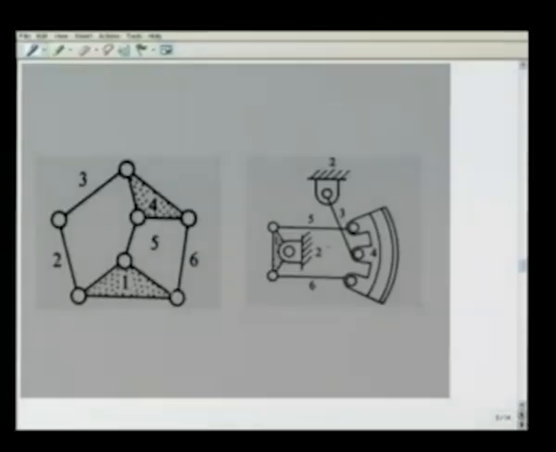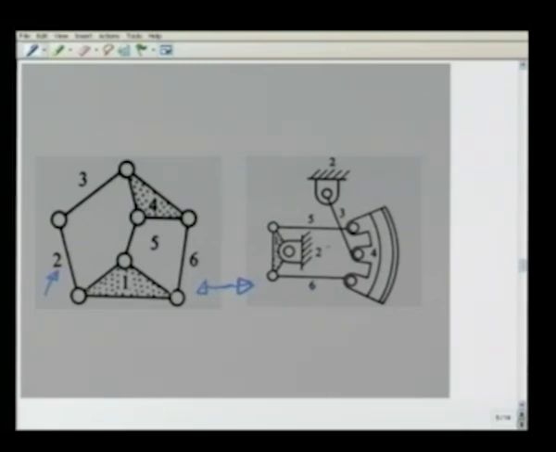As another example of a Stephenson's linkage, let us consider the same Stephenson's chain and consider one of the binary links to be fixed. As shown in this figure, this is the Stephenson's chain that we have considered earlier, and in this chain, if we hold a binary link, say link number 2, fixed, then we get this mechanism.